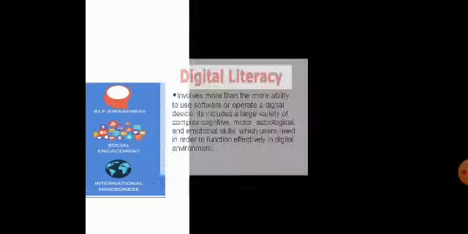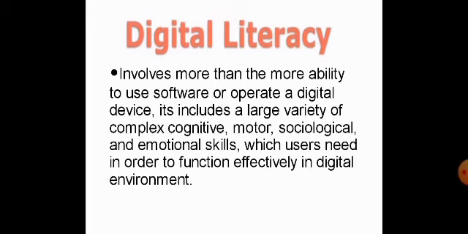Then, let's proceed to digital literacy. When we say digital literacy, it involves more than the ability to use software and operate digital devices. For example, among digital devices is the internet. What is on the internet includes Facebook, social media platforms, and more.